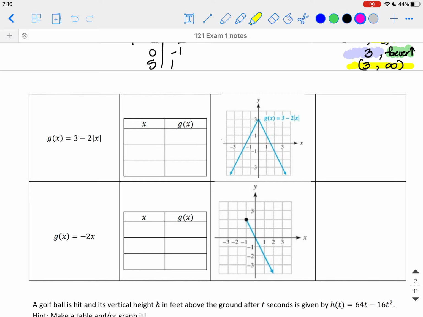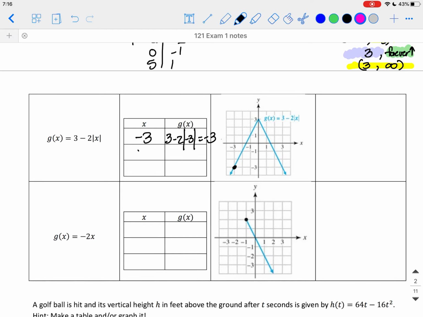Here we go. So for 3 minus 2 times the absolute value of x, again, you can use your graphing utility, but for the answer for -3, it would be 3 minus 2 times the absolute value of -3, and that's going to give you -3. So for -3, we get -3, which is this point.